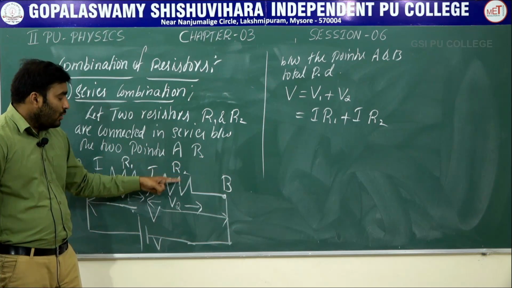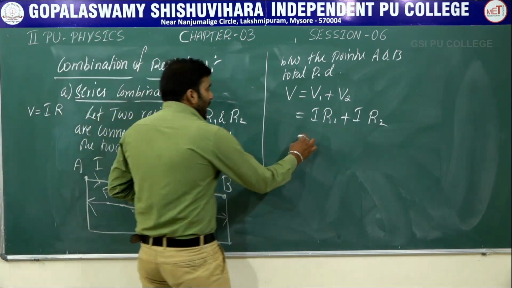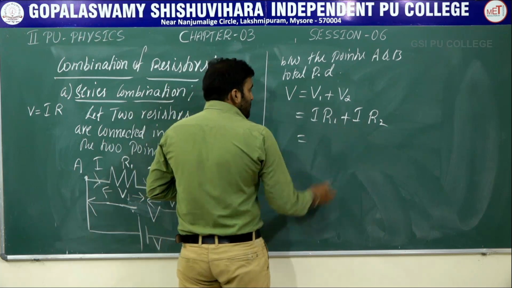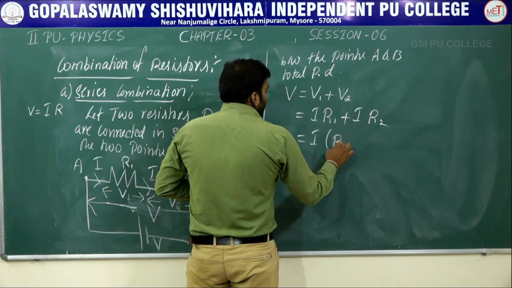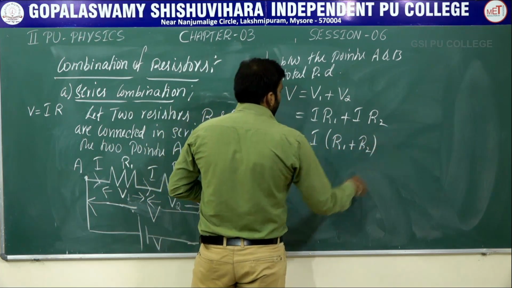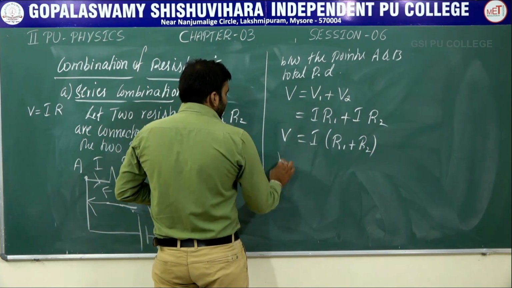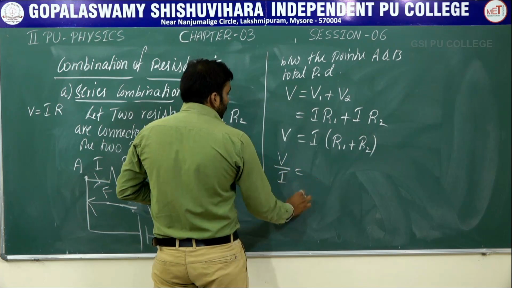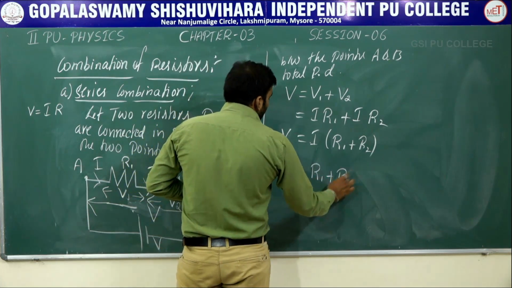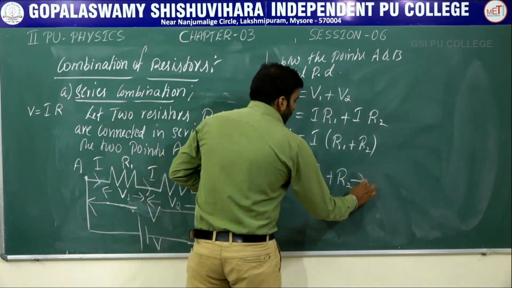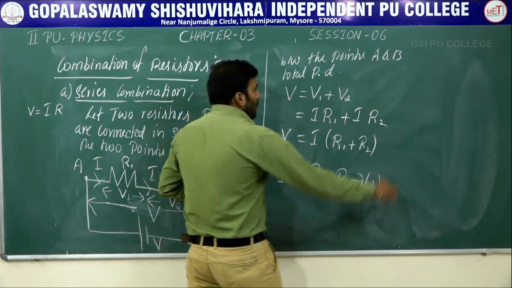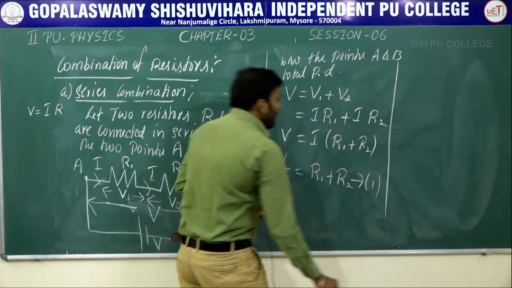Now in the two terms we have I as common, so that we get I into R1 plus R2. Let me rearrange this equation. Let me take this I to the denominator, so that we get V by I is equal to R1 plus R2. Let us call this equation number 1.